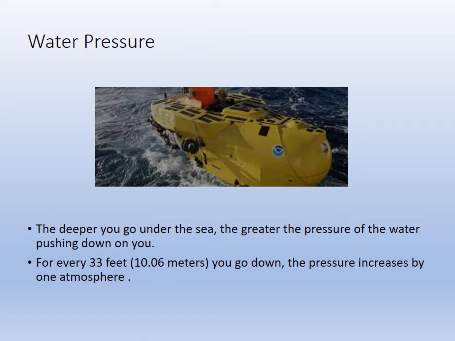And of course, we get susceptible to that pressure because our bodies are adapted for 1 atmosphere. So you have a certain amount of oxygen and nitrogen in your blood at 1 atmosphere. When you pressurize to 2, your blood has more oxygen, more carbon dioxide. At 3, more oxygen, more carbon dioxide, more nitrogen. Then you come up too fast and that has nowhere to go, so it turns to bubbles. That's called the bends.